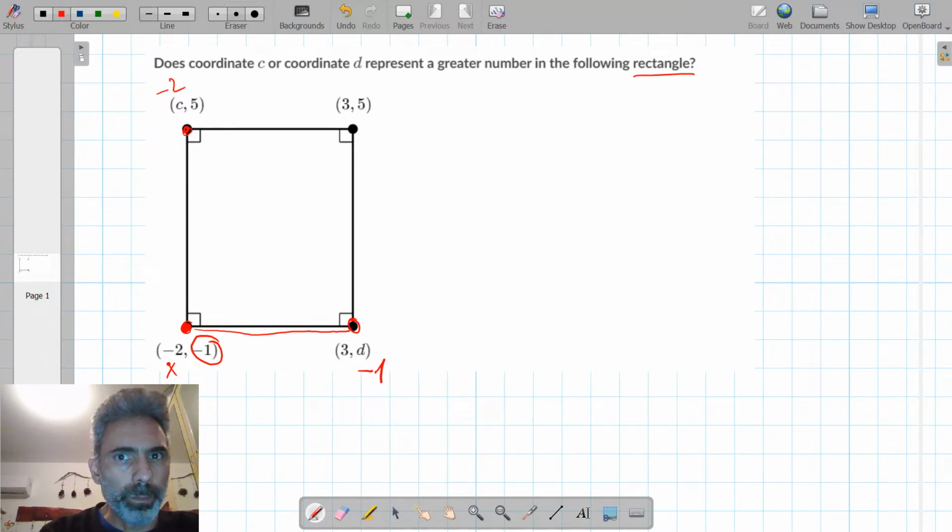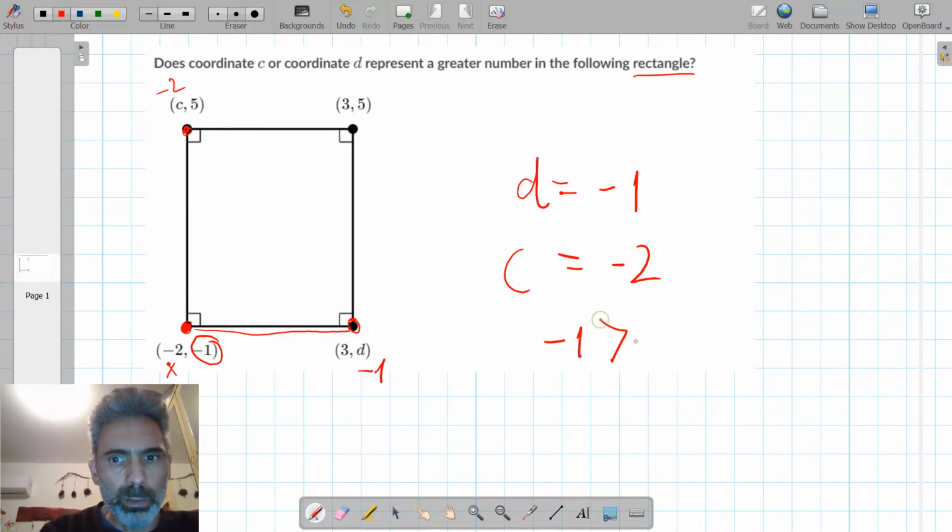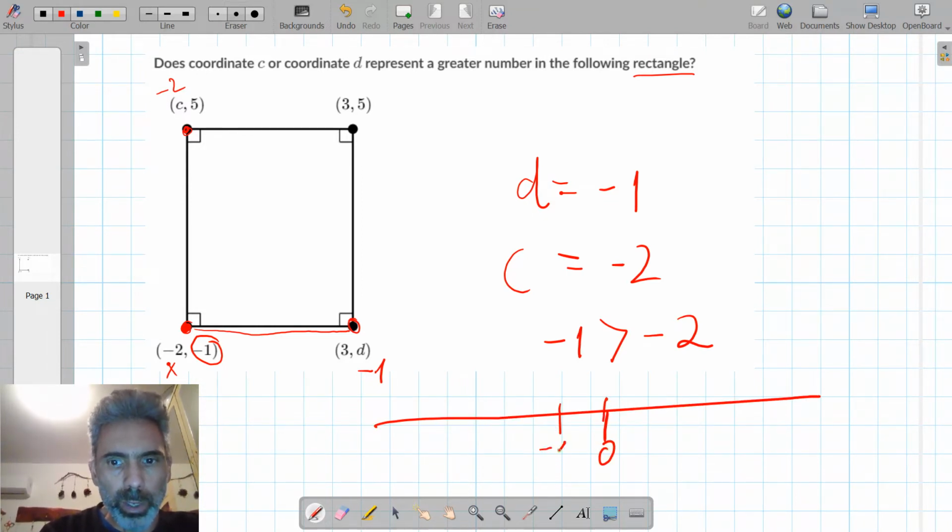So does coordinate C or coordinate D represent a greater number? So the greater number is D, because D equals -1, C equals -2, and -1 is greater than -2, because on the number line, of course, -1 is to the right of -2.